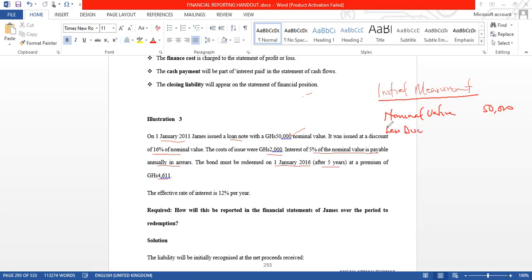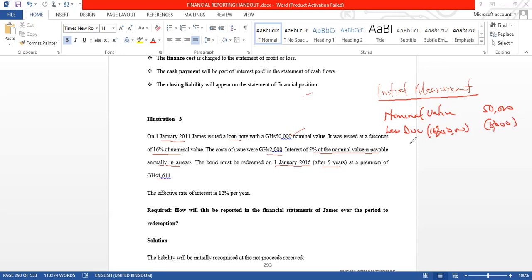Now discount is what? 16% of the nominal. So 16% of 50,000: if you punch 16% multiplied by 50,000, you are going to get 8,000.